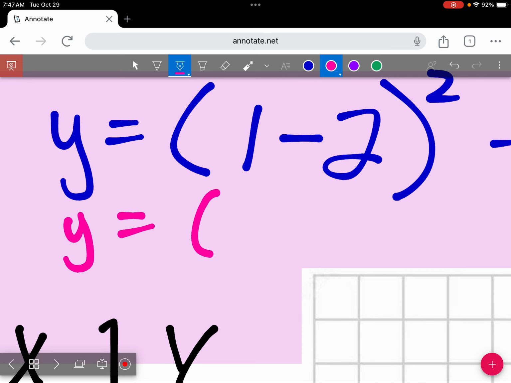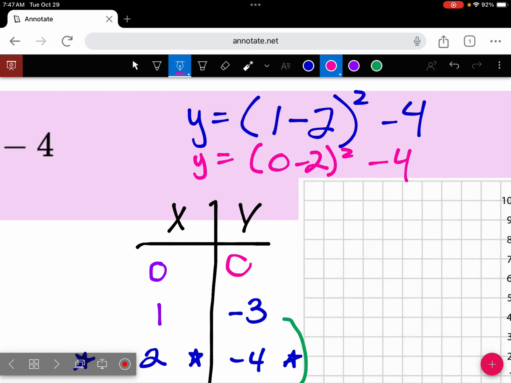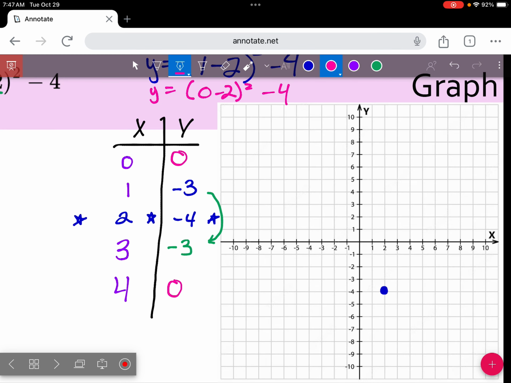Our y equals 0 minus 2 squared minus 4, or 4 minus 2 squared minus 4. Either way, what do we get for our y value? 0. And this one's also going to be 0, because we have that axis of symmetry in the middle.